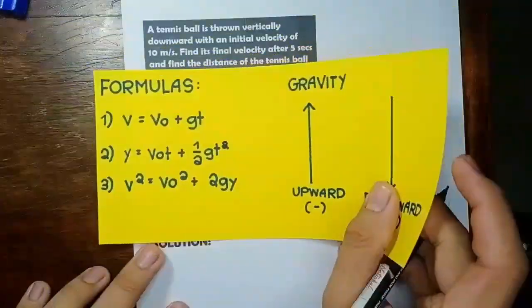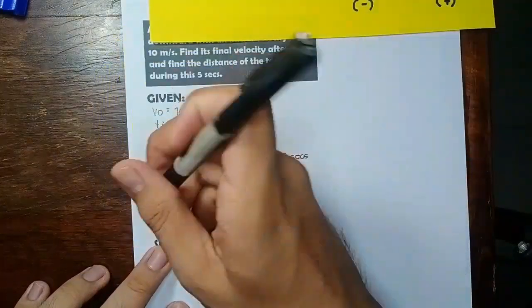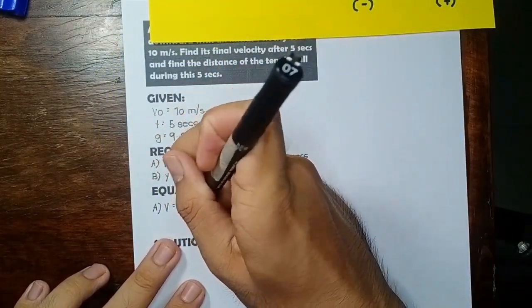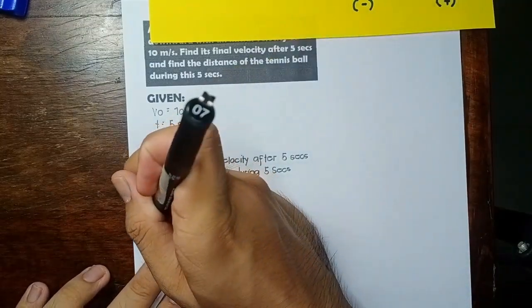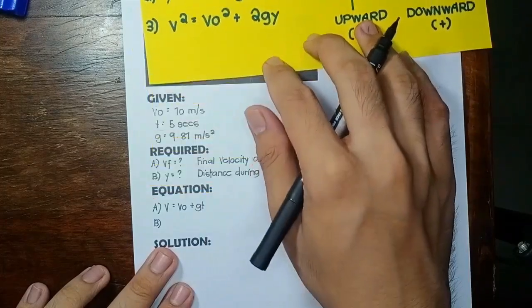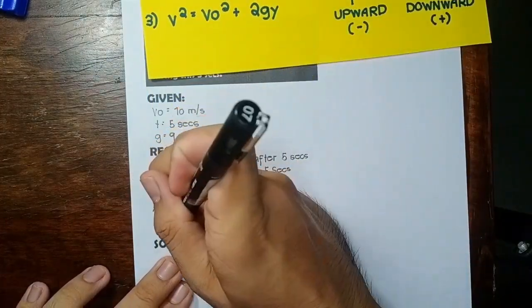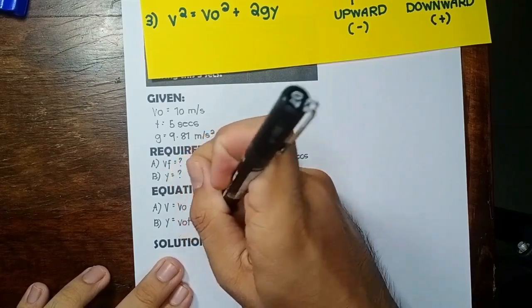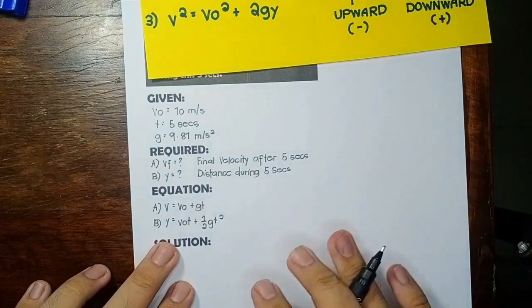For letter A, we're going to use the first equation, where v is equal to the initial velocity plus gravity multiplied by time. For letter B, we're going to use the second equation, where y is equal to initial velocity multiplied by time plus 1/2 of gravity multiplied by time squared.